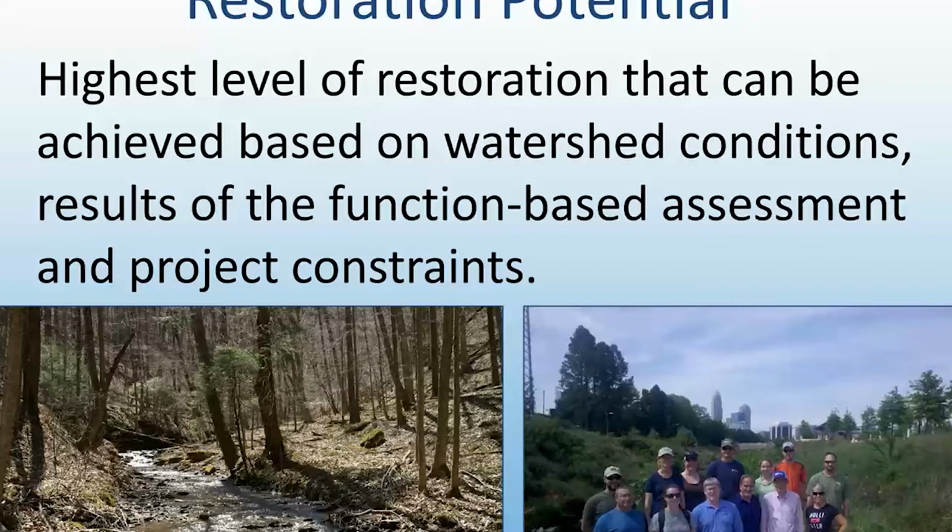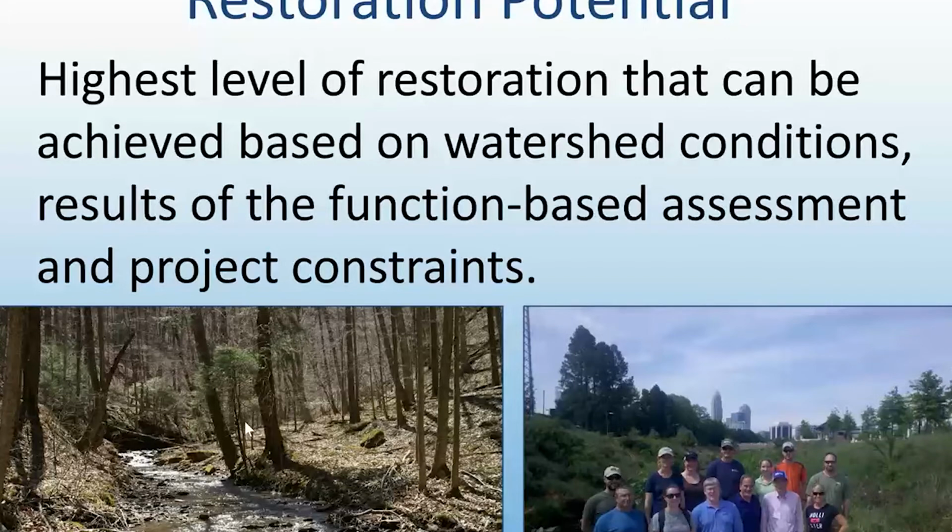Even though it is a quantification tool, there is a component to it that addresses restoration potential, which is the highest level of restoration that can be achieved based on watershed conditions, results of the function-based assessment, and any project constraints that you'll have. And by highest level, I do mean highest level on the pyramid. Typically, it's either through geomorphology or through biology, depending on what your upstream watershed looks like.